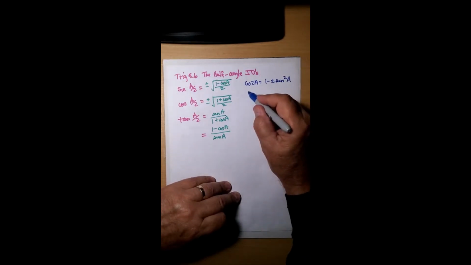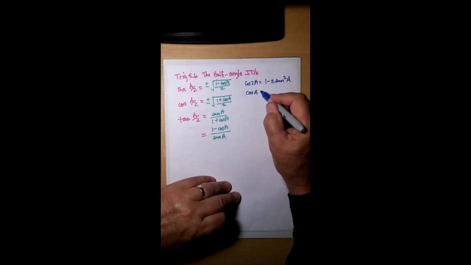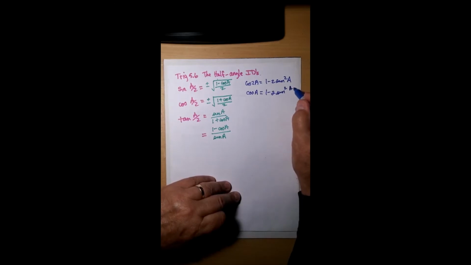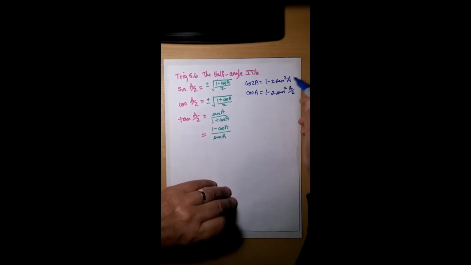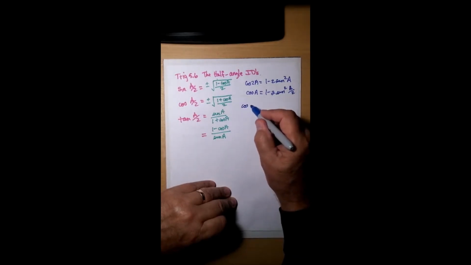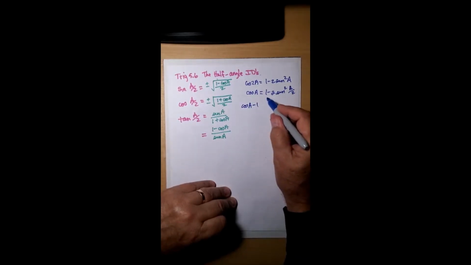So if I change that and say this is the cosine of A, I have to write the sine's argument as A over 2. 2A is twice A over 2. And then solve for sine. So first of all, subtract 1 from both sides.